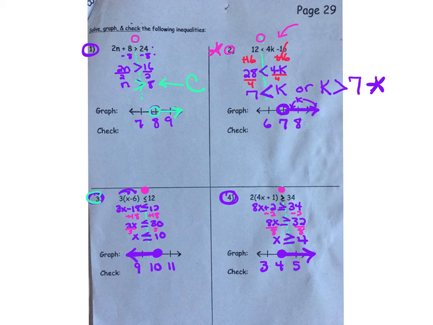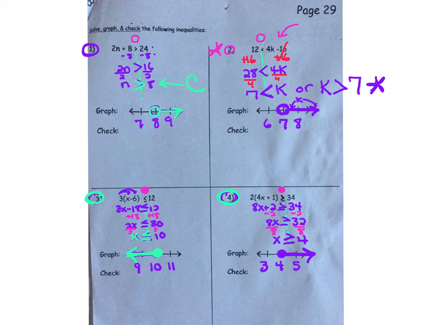For number 3, you should have gotten all the x's less than or equal to 10. You should have placed a nice solid circle on the critical value of 10 and shaded all the x's below. X can be 10 or any number less than 10.